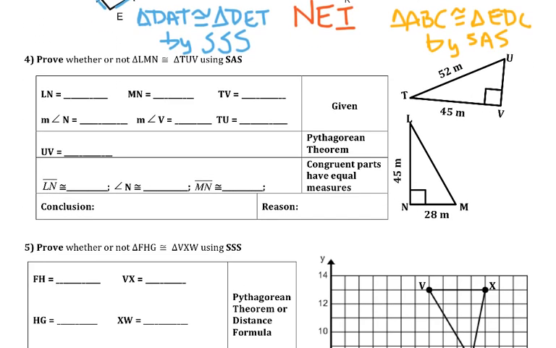Number four. Prove whether or not triangle LMN is congruent to triangle TUV using side, angle, side. So first we're going to write down all the information we're given. LN is 45 meters. MN, on that same triangle, the other side, is 28 meters.